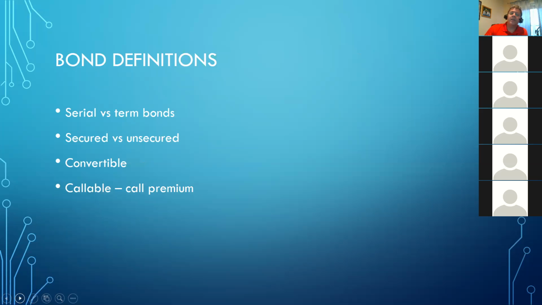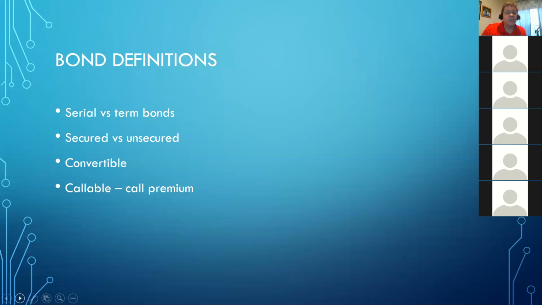A term bond is kind of unusual for us personally, because the chances of us getting a term bond at a bank is almost nil. We don't go in there and say, I want to borrow $50,000 for this car and I want to pay you just interest for the next 5 years, and then at the end of 5 years I'm going to pay you back how much I borrowed. That's not how we can borrow, but that is how companies often borrow with these bonds.